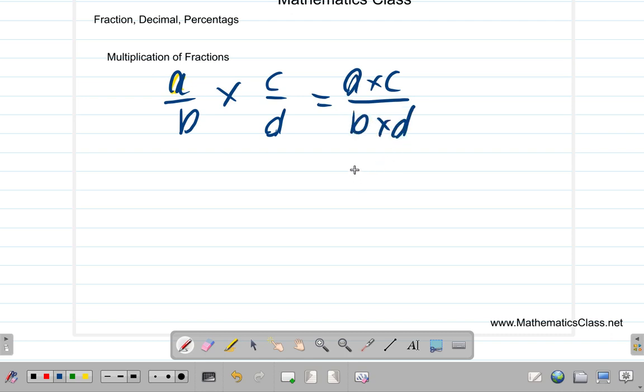So you see that? It's like, say, you have 3/4 multiplied by 5/8. So you say 3 times 5 is 15, over 4 times 8 is 32, or 15/32.